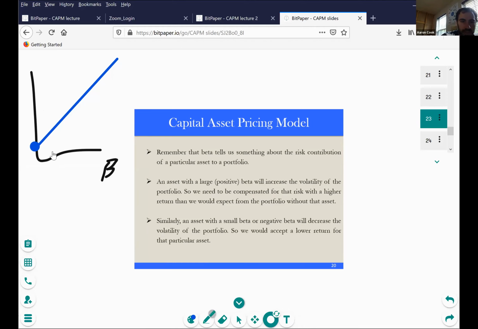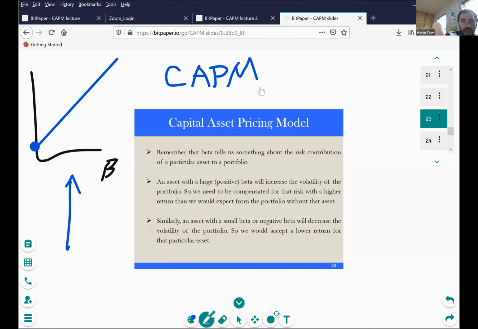So eventually, our goal is to plot out this line with beta on the x-axis rather than standard deviation, and this line represents the predictions of the capital asset pricing model. You can read about that more in the book, and I'll bring this up again on Friday.